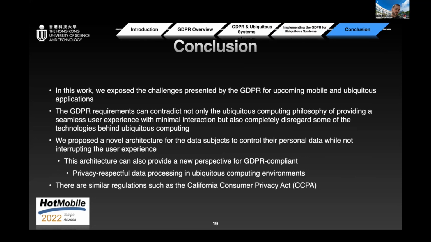We propose the smartphone as an interface to privacy, but this is not a one-size-fits-all solution, as we mentioned. It's more of a perspective, to highlight how we can implement these things. And also, besides the GDPR, there are similar regulations, such as the California Consumer Privacy Act, that will challenge ubiquitous computing in a similar manner.